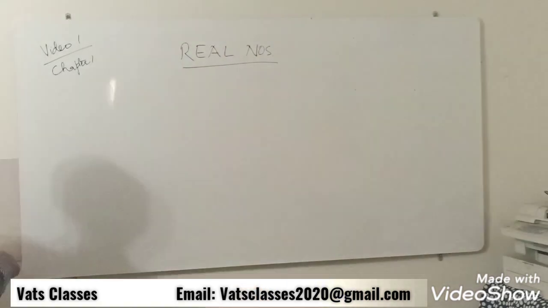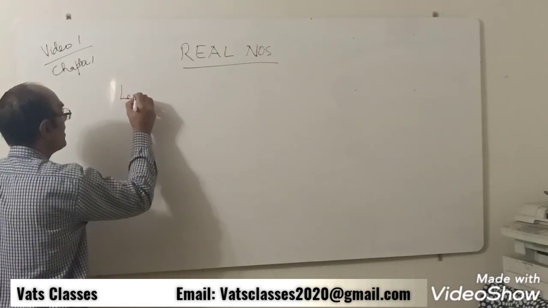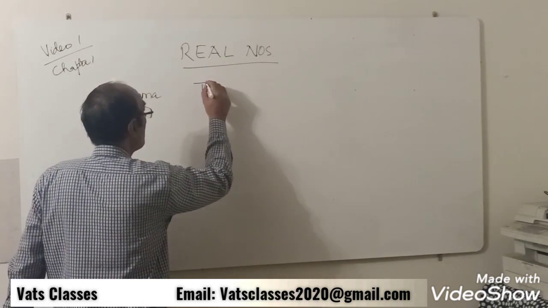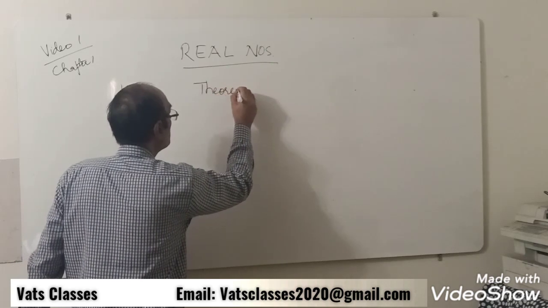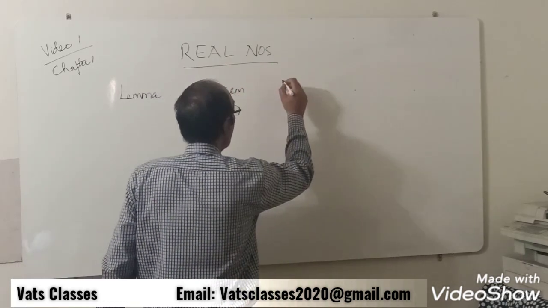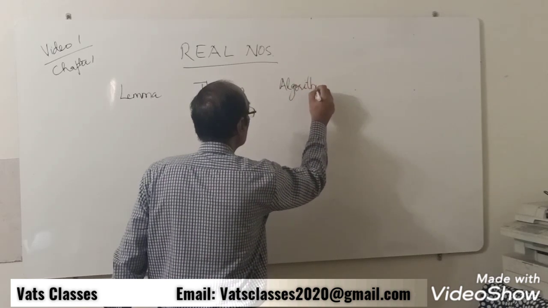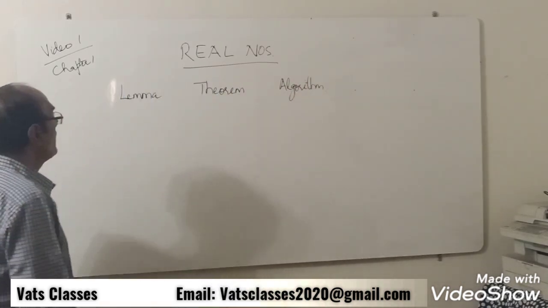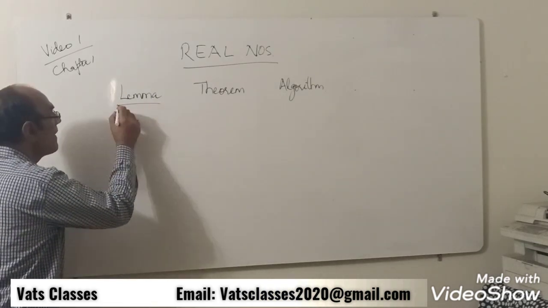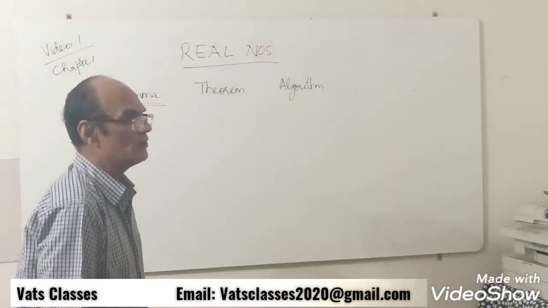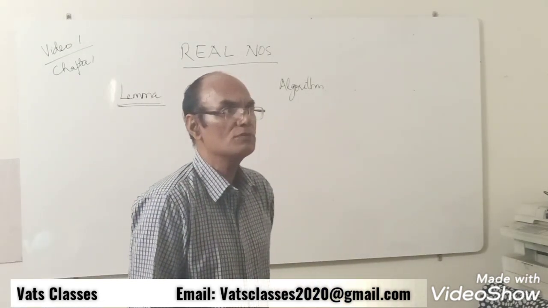The things that you need to know before I proceed further: lemma, theorem, and algorithm. A lemma is a universal truth.